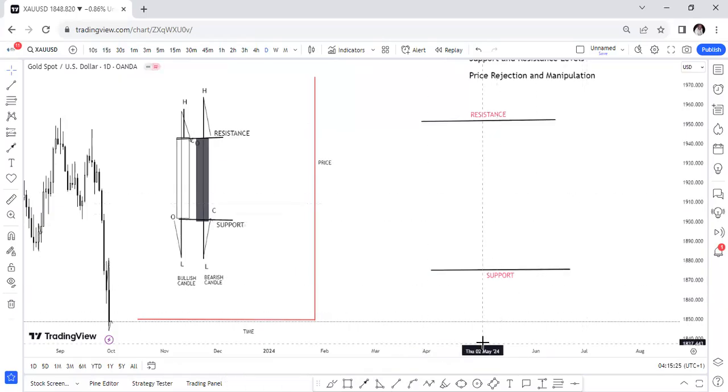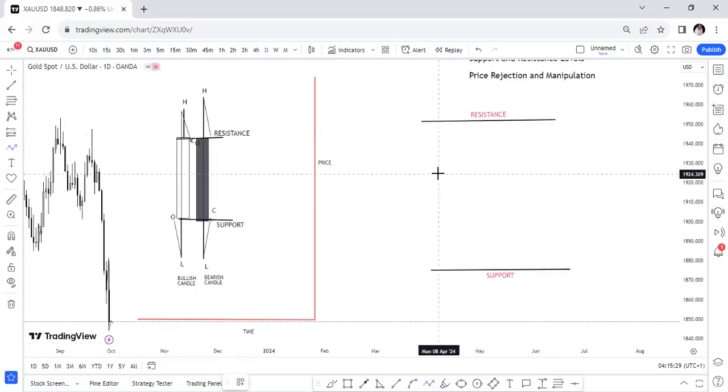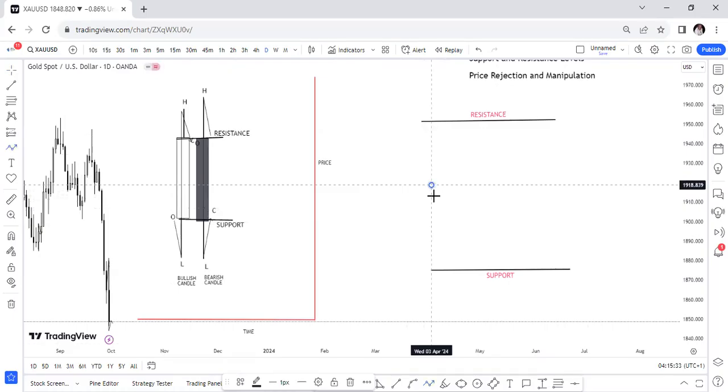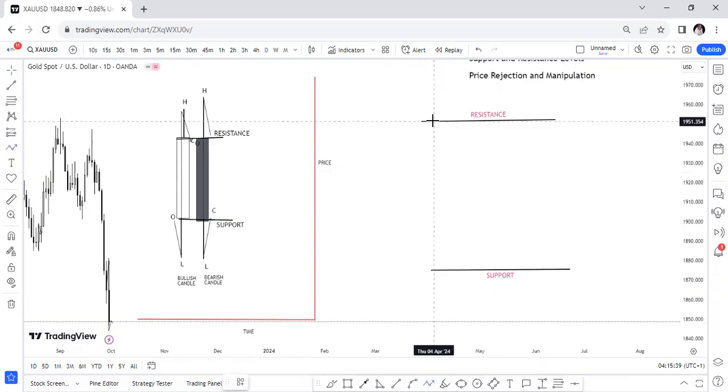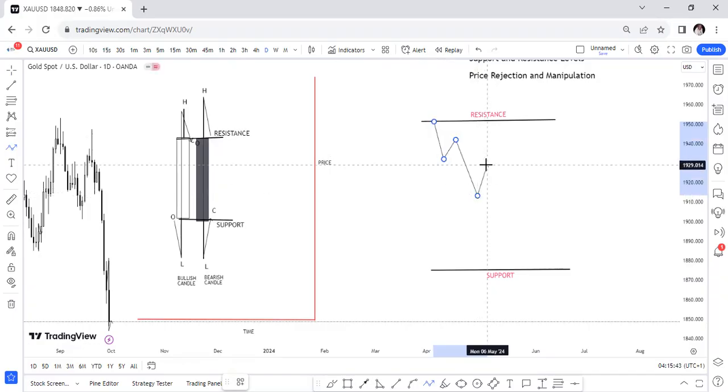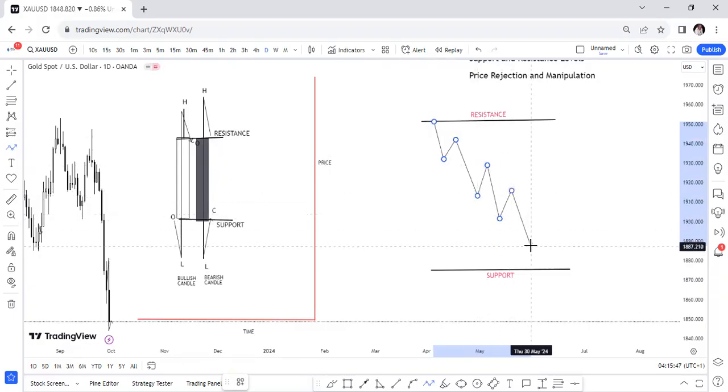Price rejection is simply when price is coming down from the resistance level, coming down, coming down, then as it hits this support level, it bounces.